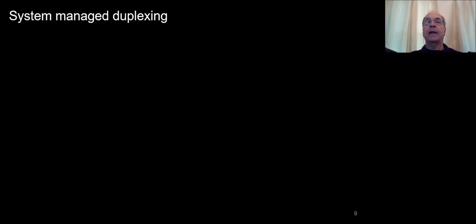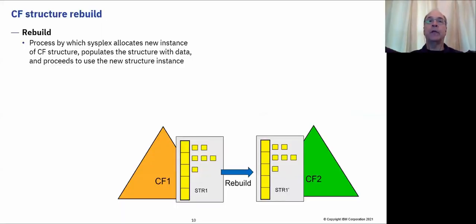So let's step back and talk about system managed duplexing and what it does, and then we'll get into the synchronous and asynchronous versions of system managed duplexing. So first of all, we have coupling facility structure rebuild.